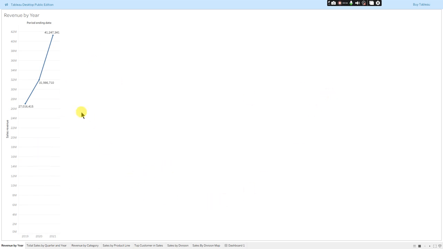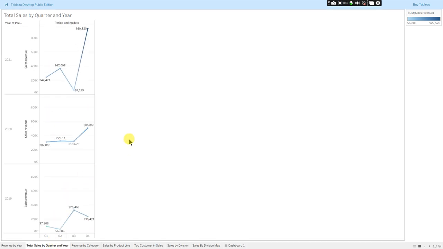First off, my first sheet is the company's revenue by year. As you can see, these are the three years down at the bottom, and going up is the revenue by quarter, the three yearly quarters, and that's the revenue by year sheet. Going on to the next sheet, the total sales by quarter and year.